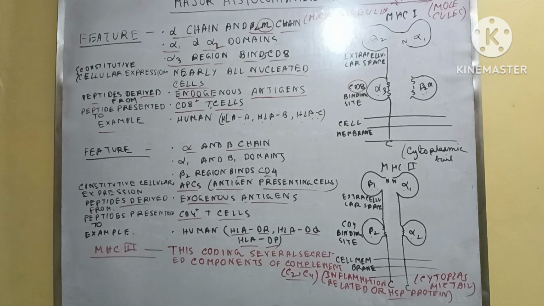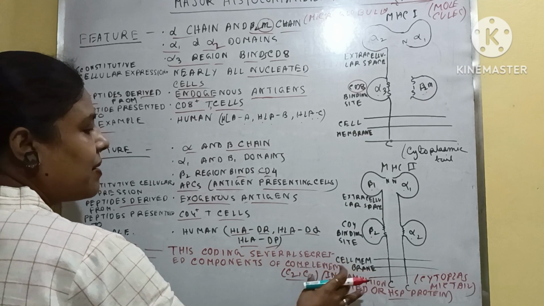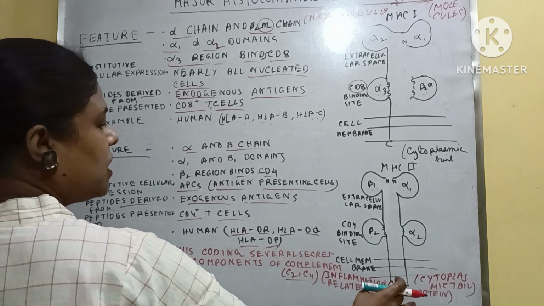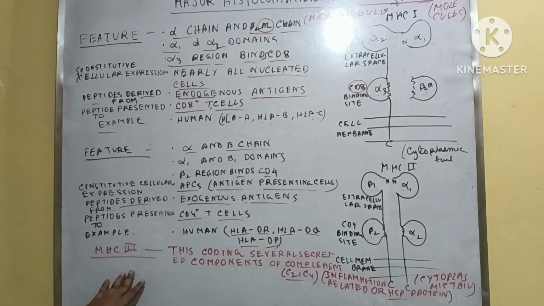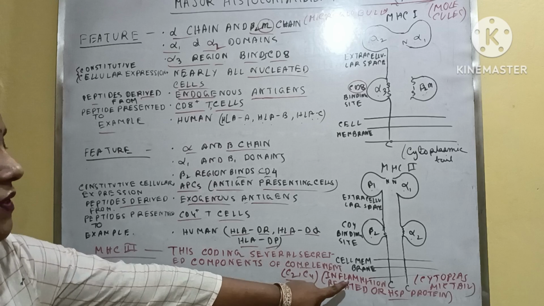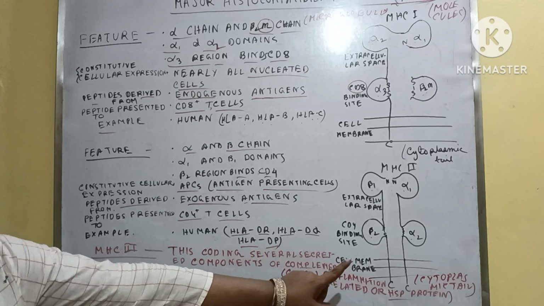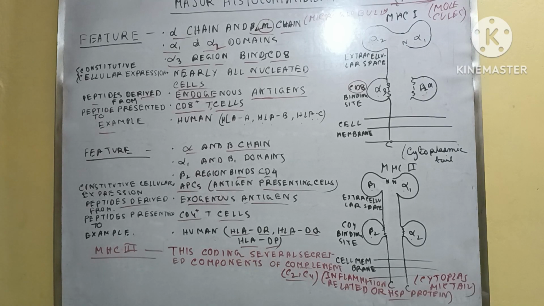So they encode three types of protein: complement related proteins, inflammation related proteins, or HSP, the heat shock proteins. Clear?